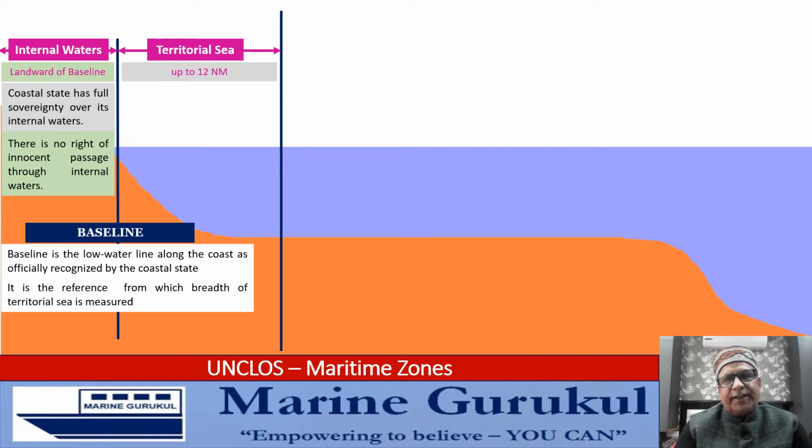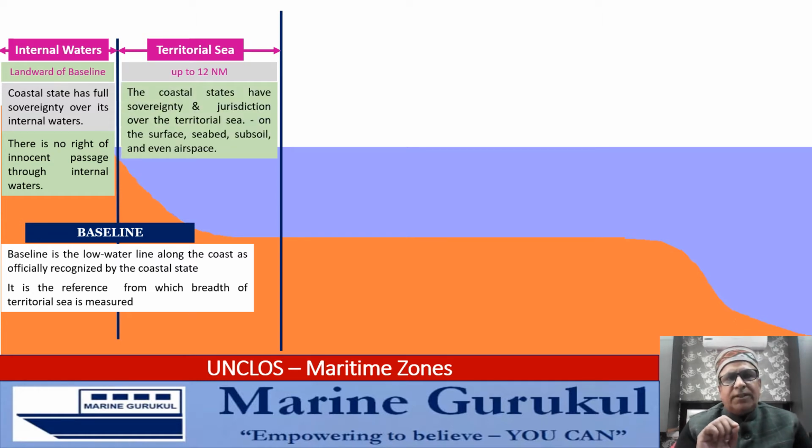Most of the coastal states have declared their territorial sea limits at 12 nautical miles, but because of varied reasons like the geographical location, there are coastal states whose territorial sea limits are less than 12 nautical miles.